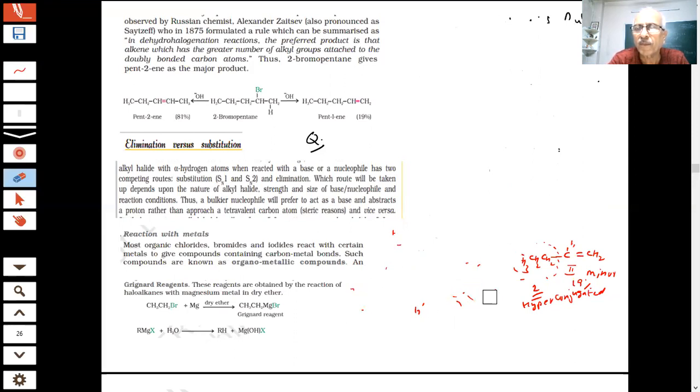We are doing the second question now. What is that second question? A very important question, which is usually given in the paper. Students, what is that question?